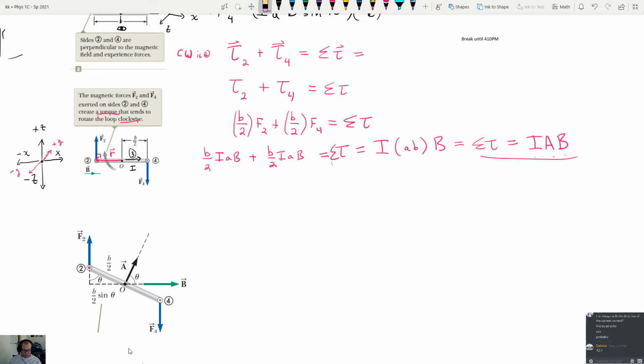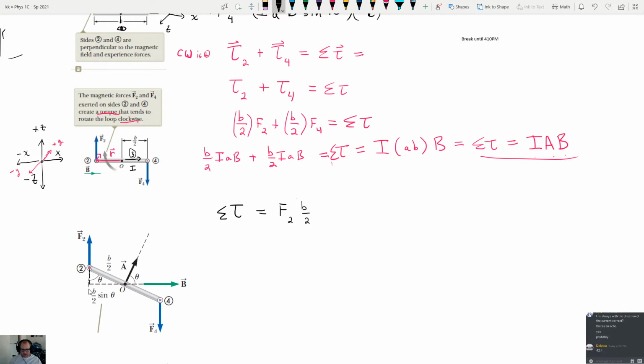Okay, so now what's the torque? Well, now the net torque is going to be equal to, the torque over here is going to be force times the distance to the axis, which is again b over 2. And now there's really two options of how you can do this. And what I'm going to do is use the lever arm method, okay?